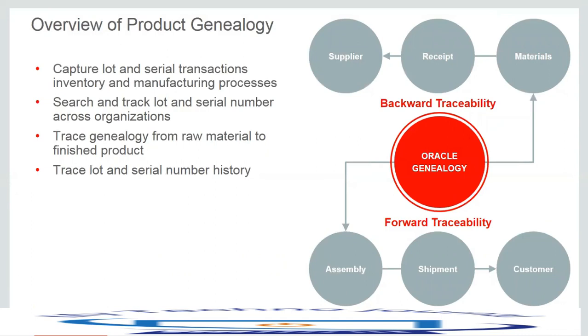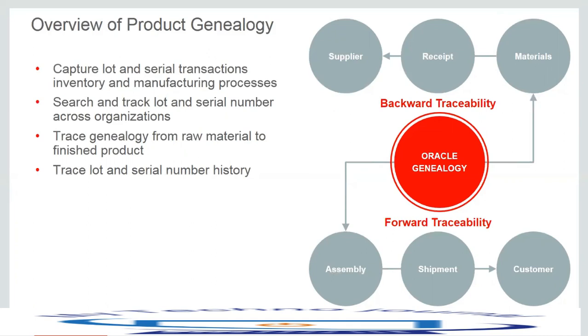So the product genealogy, or it's often called lot and serial number tracking, keeps track of all inventory transactions starting from the receipt of the lot or serial number from the supplier through the manufacturing process, and to the customers receiving the shipments of items when they are received.